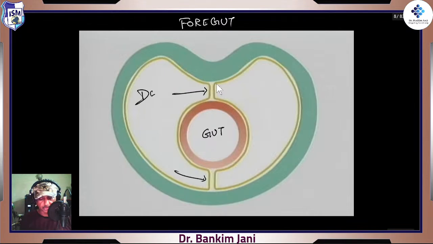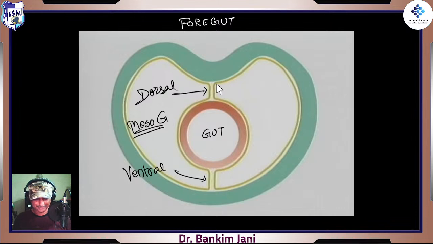So this is dorsal and this one would be the ventral. So for mesogastrium, I'm just writing meso G, right? Okay, so this will be dorsal mesogastrium and this one would be the ventral mesogastrium. Yes, this is posterior, right? And this one is anterior. Okay.